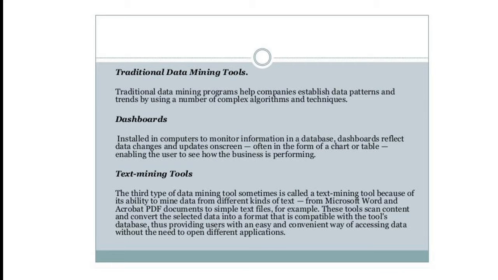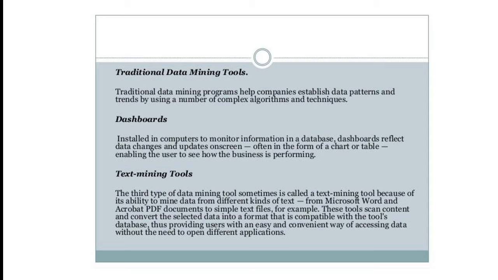These tools also scan content and convert it to the selected data in whatever format is needed. It will take according to whatever you are feeding, and take what it actually needs. That is what we are coming to tell.